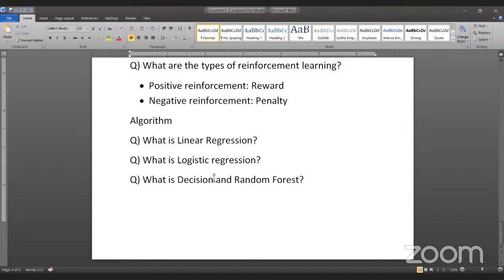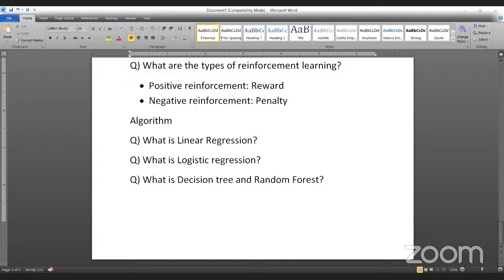A decision tree is a supervised learning algorithm which can be used for both classification and regression. In this case, we have an independent variable and a dependent variable, and the dependent variable can be continuous as well as discrete.